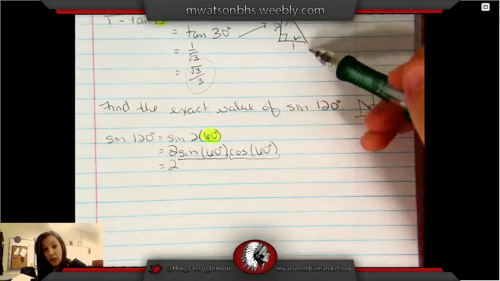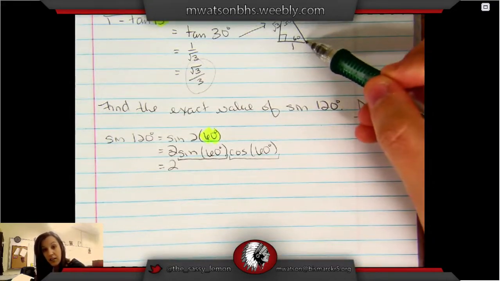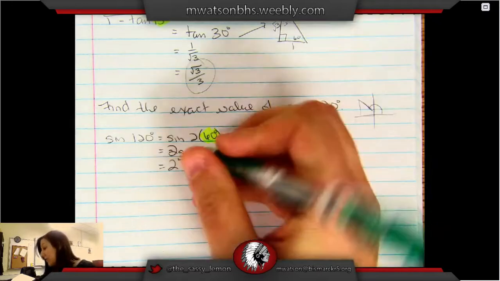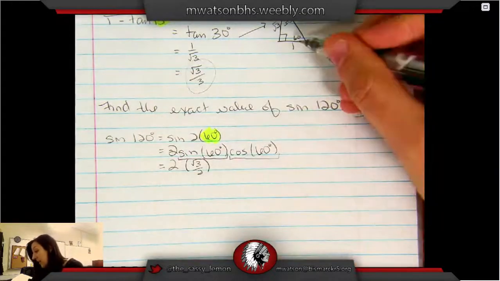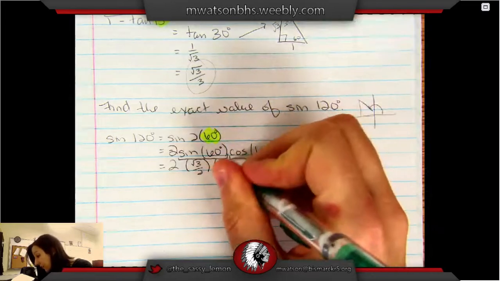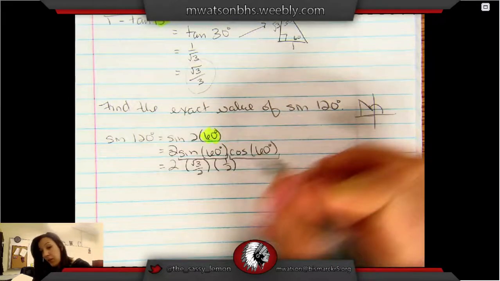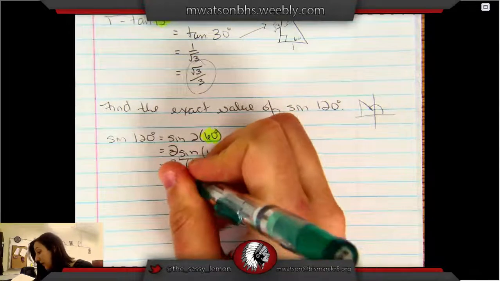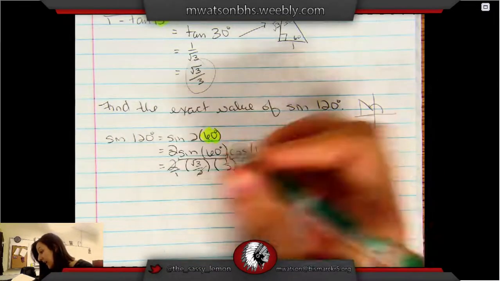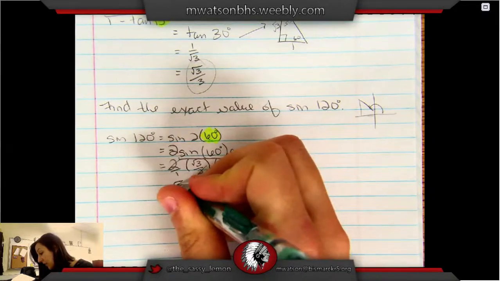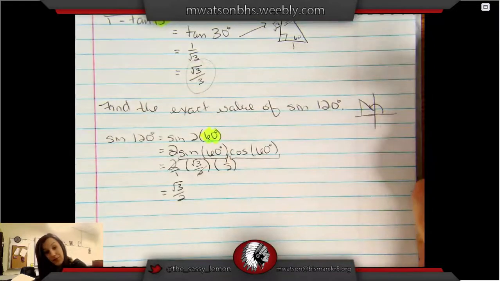I'm just going to use the one I drew up here. So sine of 60 is the square root of 3 over 2, and cosine of 60 is 1/2. Since we're multiplying fractions here, I'm going to write my big 2 over 1. These 2's cancel, and my final answer is going to be the square root of 3 over 2.